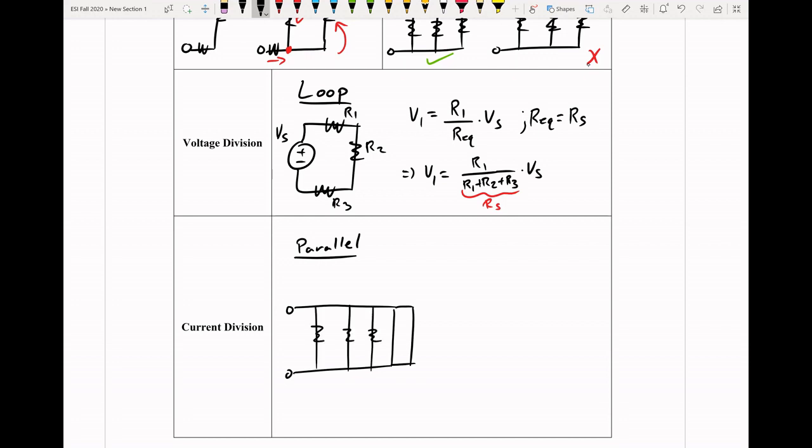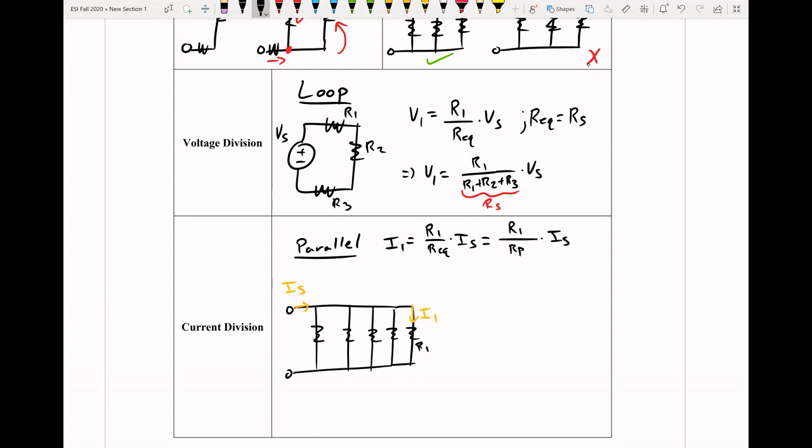So say we have something like this, and we know we have a current I of S going that way, and we want to know the current I1 that goes down this way. If we look at our equation, if we want to find I1, it's going to be R1, where this is R1, over R equivalent times IS, where this is just R1 over R parallel times I of S.